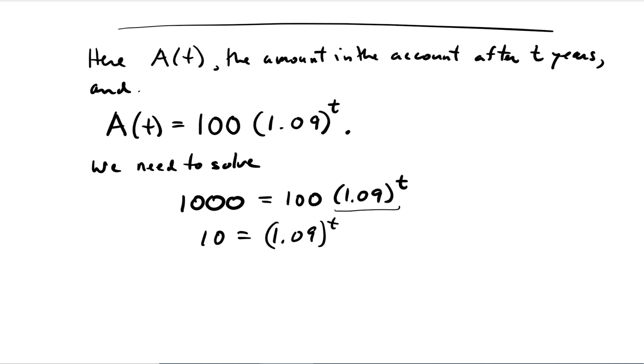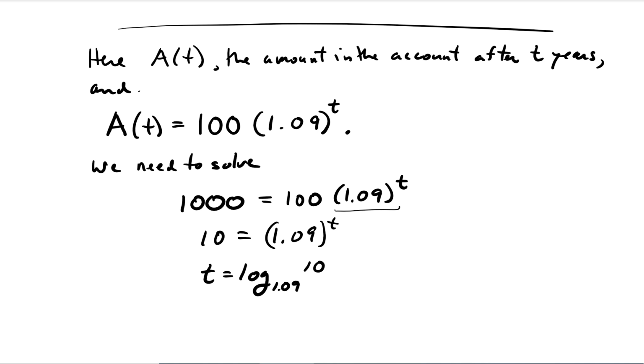I could do two things here. I could take logs on both sides, or maybe just convert this to a logarithmic equation. So t is the power to which you raise 1.09 in order to get 10. So this is what t is.